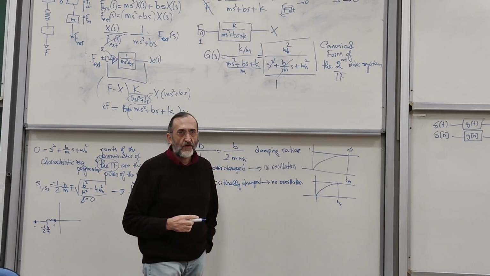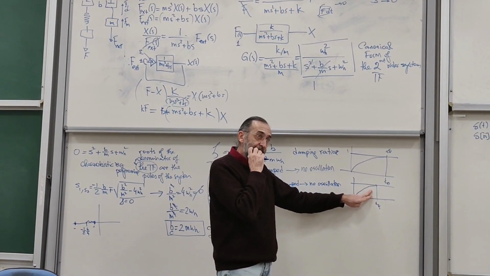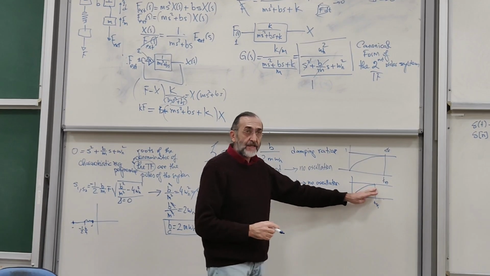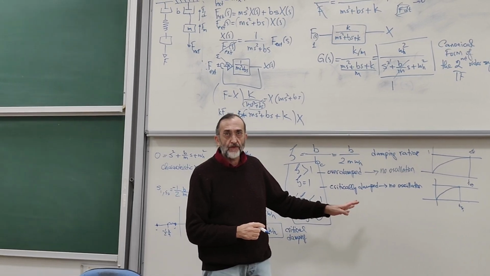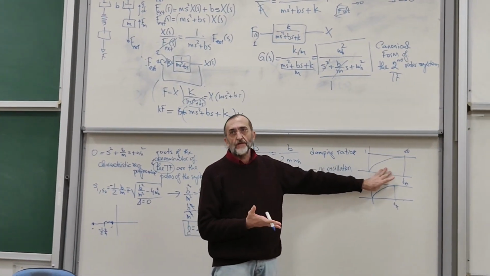Quickest. No oscillation, but settling time is the quickest. That's critical damping. If it's overdamped, then it takes too long to settle.